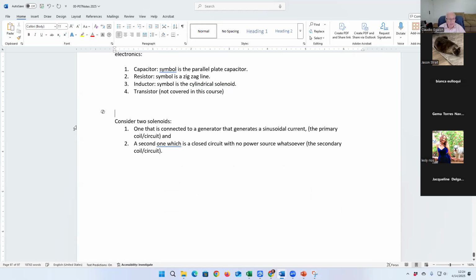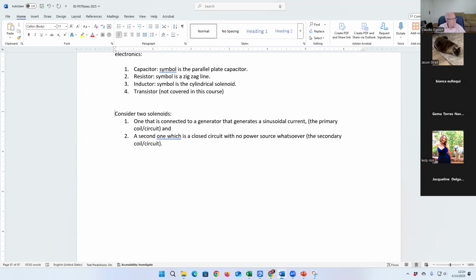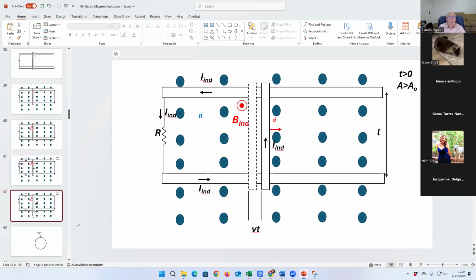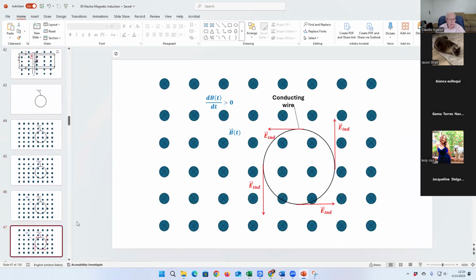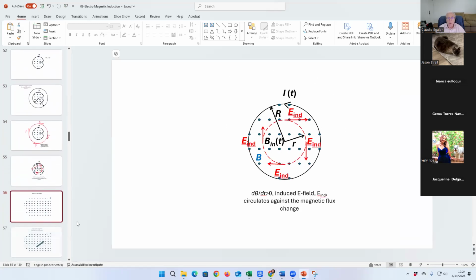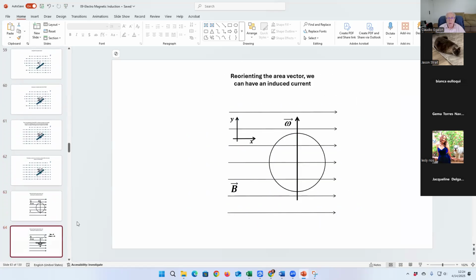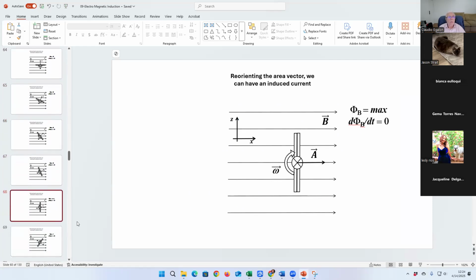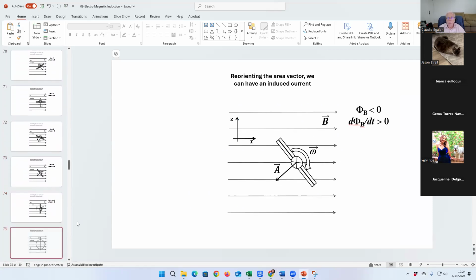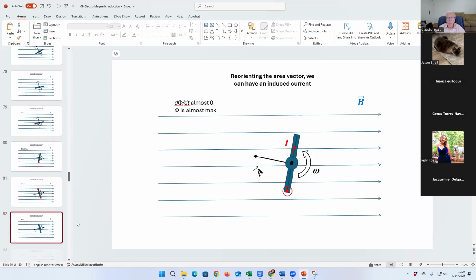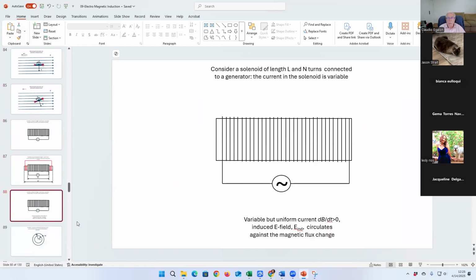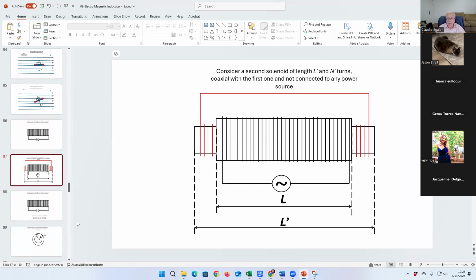And now let's take a look at the inductance, electromagnetic induction. Here you go.